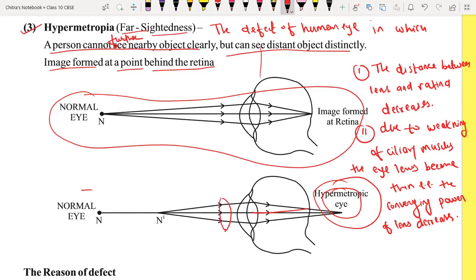The convex lens will first converge the light over here, and then the eye lens will converge it again onto the retina, meaning the image will form at the retina only. So in myopia we used a concave lens, and in hypermetropia we will use the convex lens. Take a screenshot for that hypermetropia.